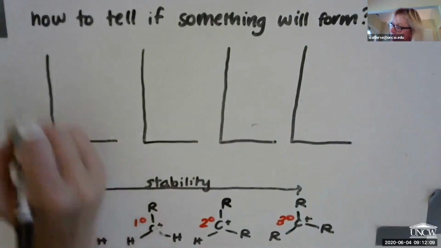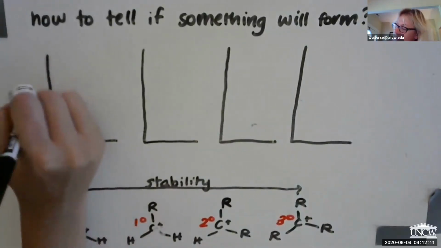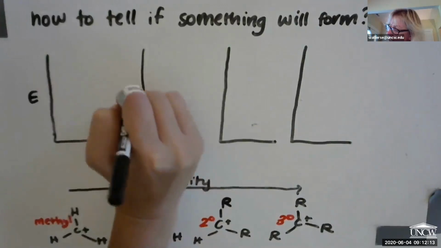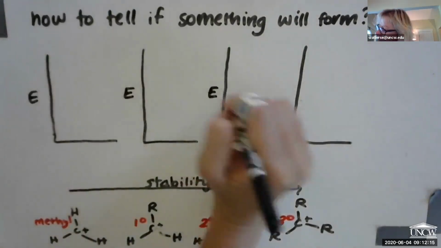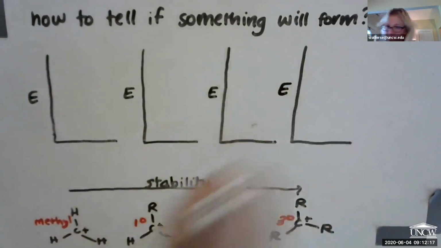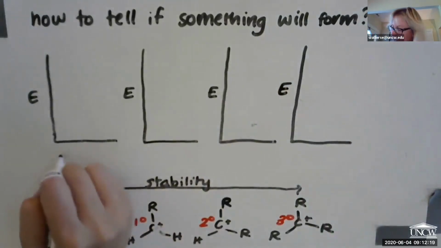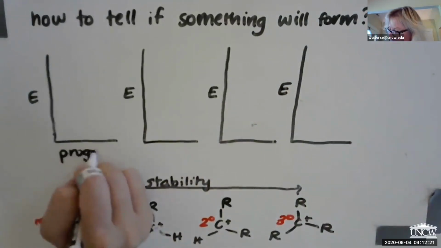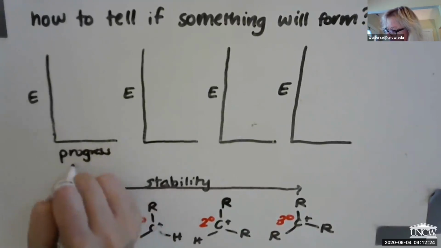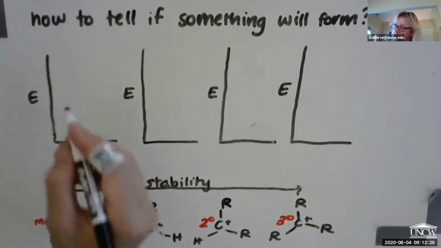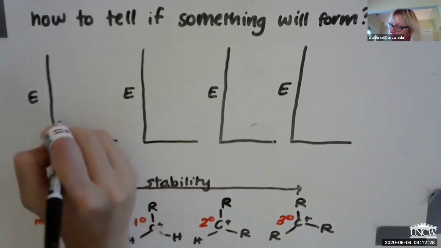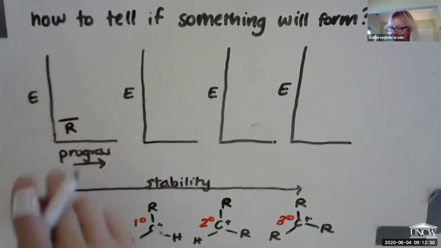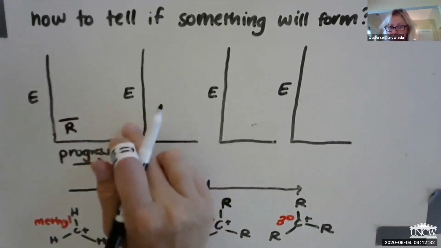The y-axis will be an energy axis. The x-axis is progress, so reactants are shown first and then products later.